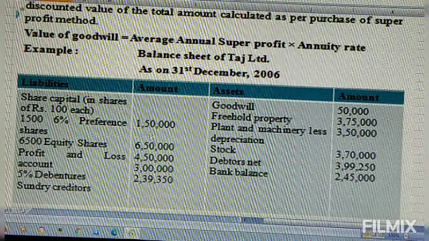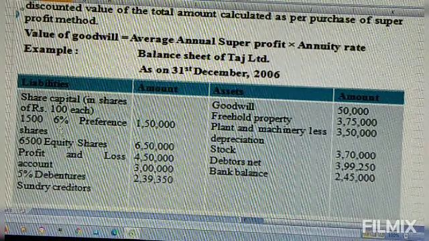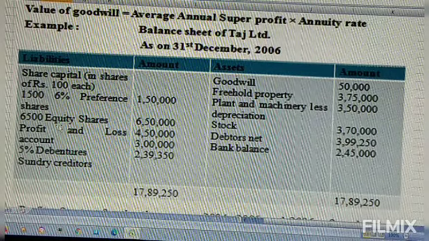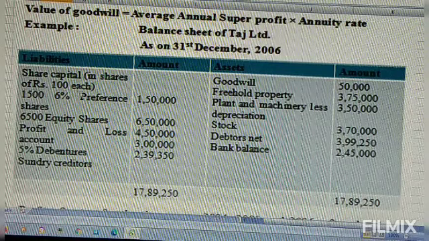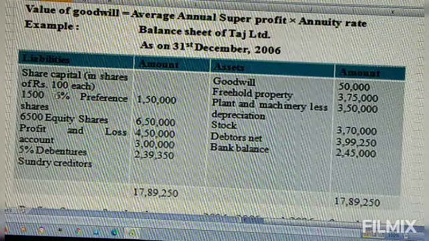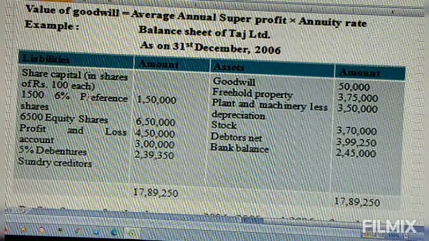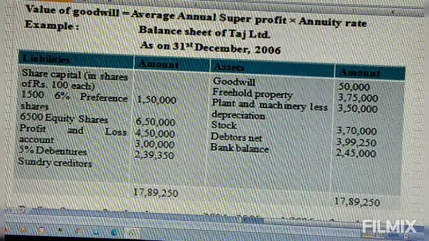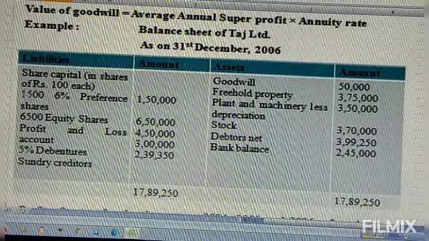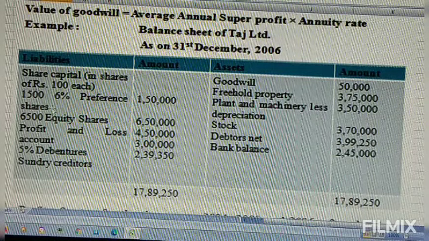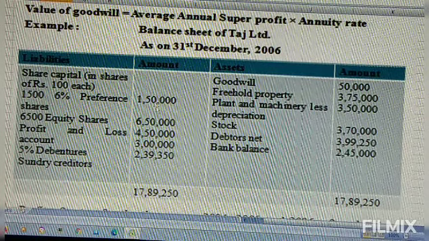Liabilities, amount, assets, amount, four columns are there. So you can make four columns if you are writing the question. On the liability side, share capital in shares of rupees 100 each. Both preference shares and equity shares are given. 1,500 6% preference shares, that is 1,500 into 100 each, so 1,50,000.